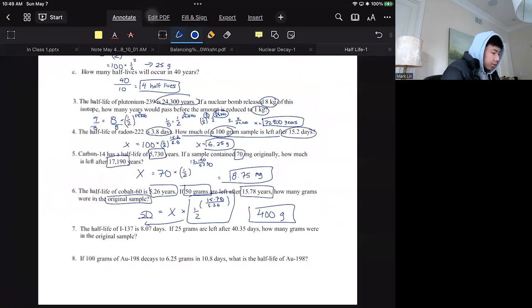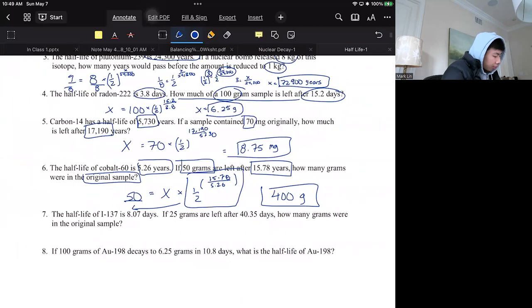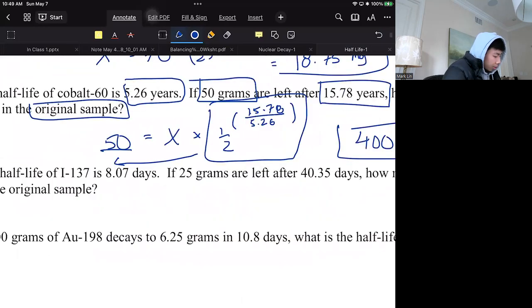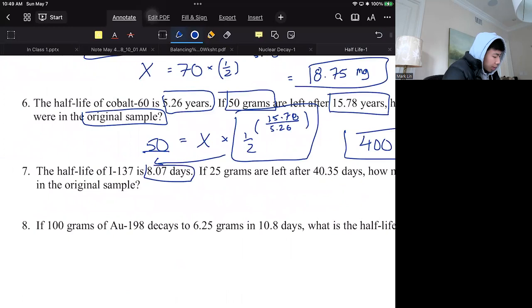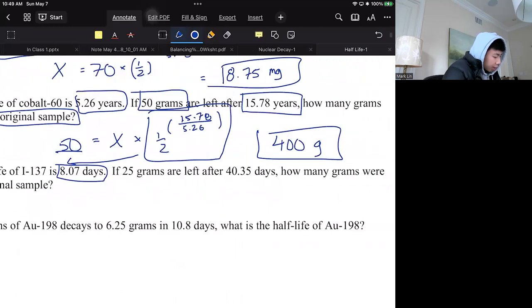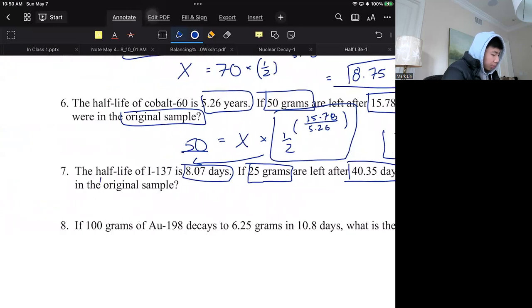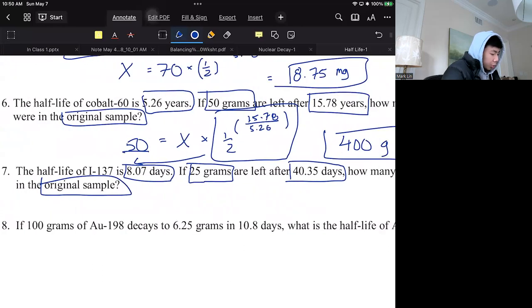All right, number seven, the half-life of this thing is 8.07 days. 25 grams are left after 40.35 days. So this will be our final. This will be our time elapsed. How many grams were in the original sample? We need to find our initial.